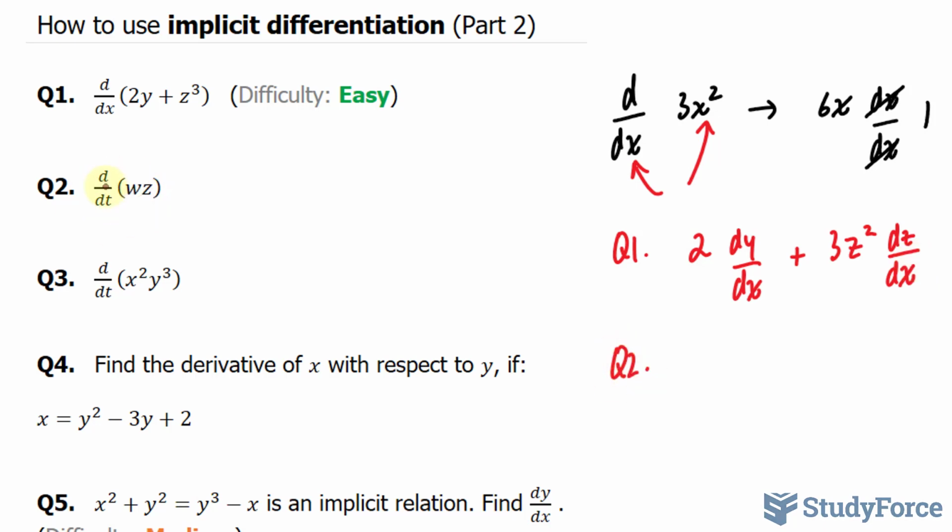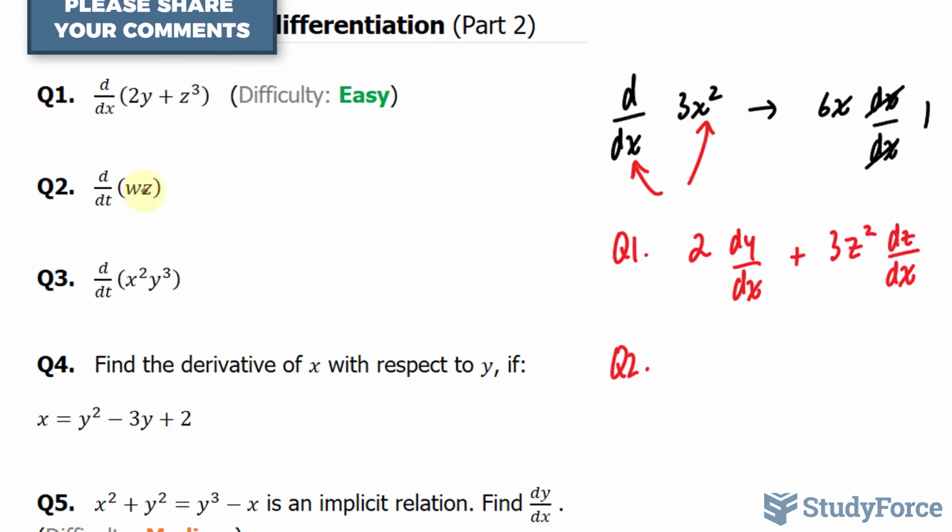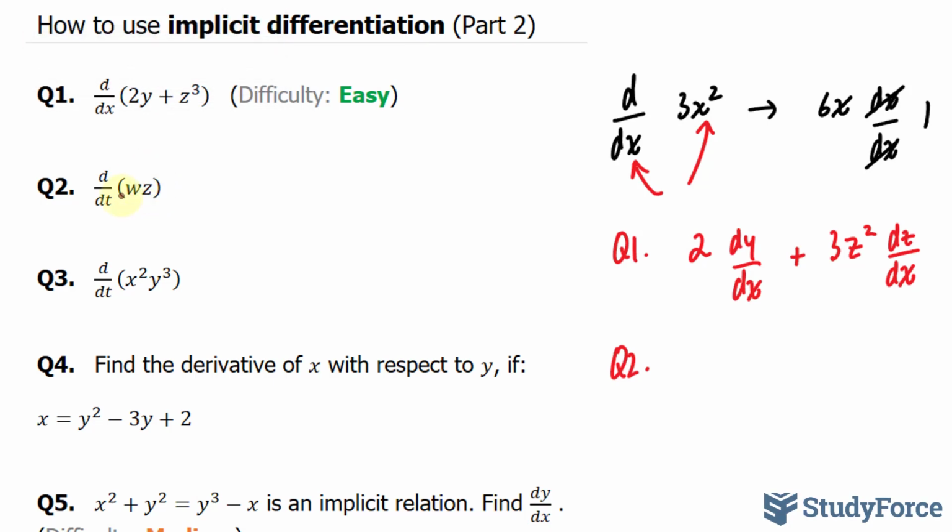Here we need to use the product rule, so we take the derivative of this, multiply it to z, and then add the derivative of z times w. The derivative of w is 1, and beside it we'll write down dw with respect to t, so dt, and the z stays the way it is, plus, now we take the derivative of z with respect to t.